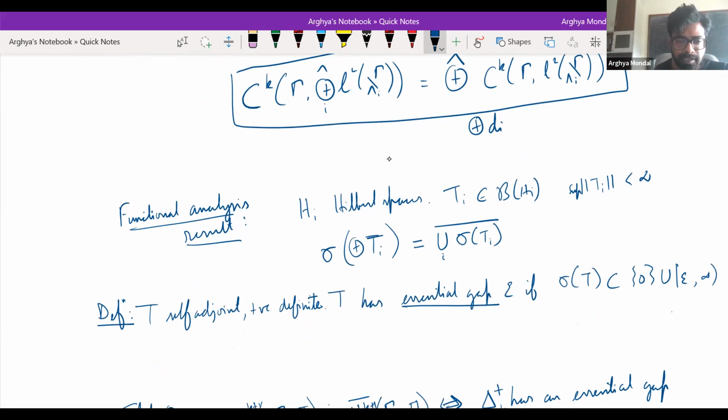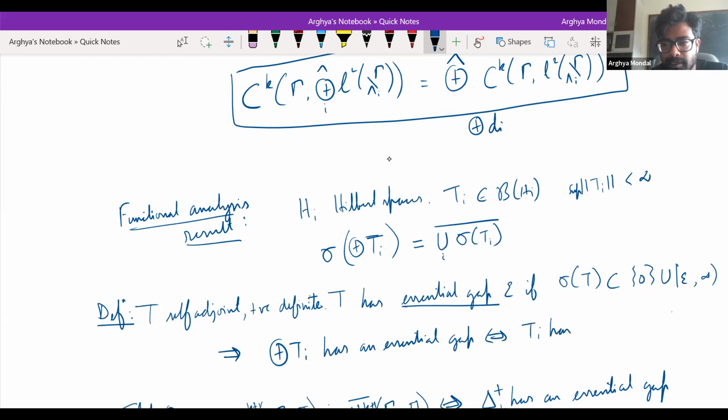And so this implies that the operator direct sum of T_i has an essential gap if and only if all the T_i have a uniform essential gap.